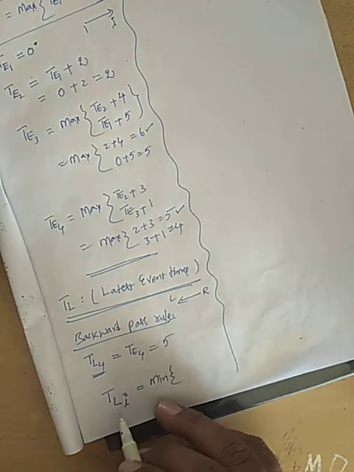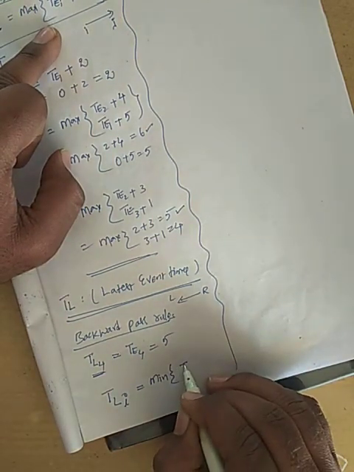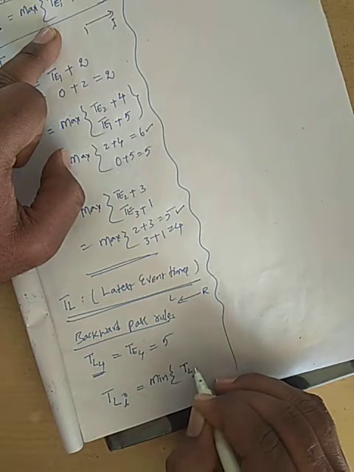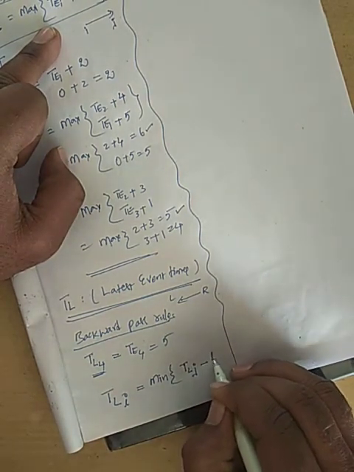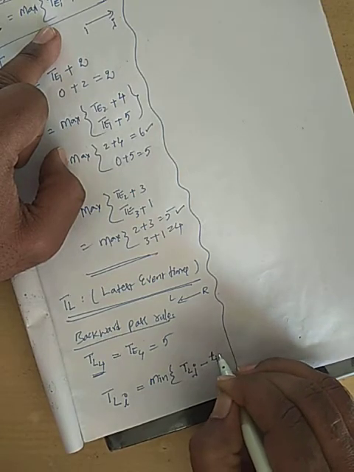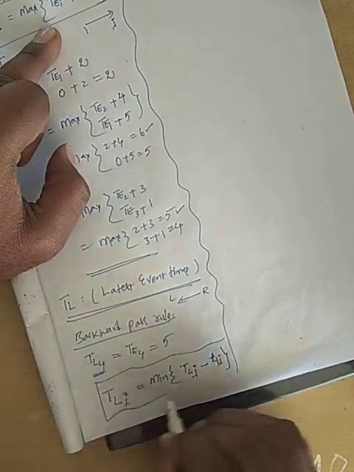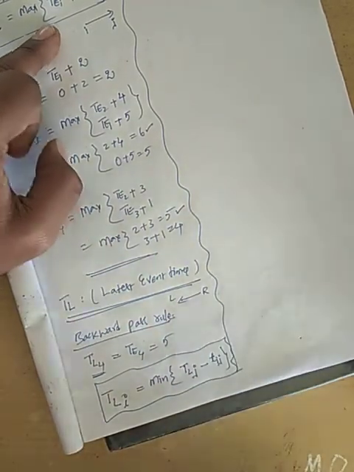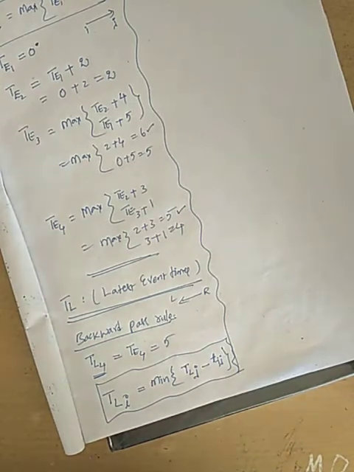That's all. So TLI is nothing but the minimum of TLJ minus TIJ. So this is the formula. You need not learn it by heart. Automatically you will get it into your memory by doing 1 or 2 problems. Okay.